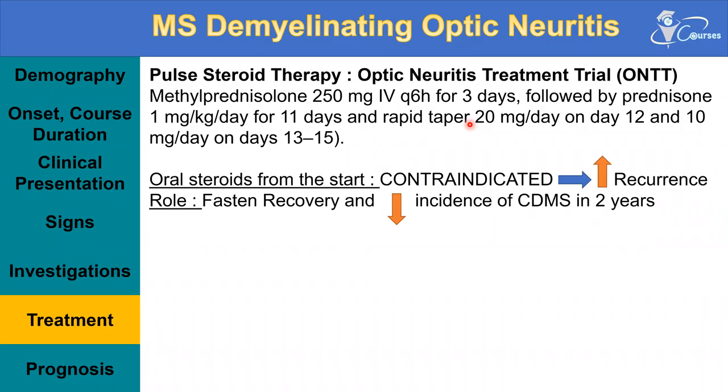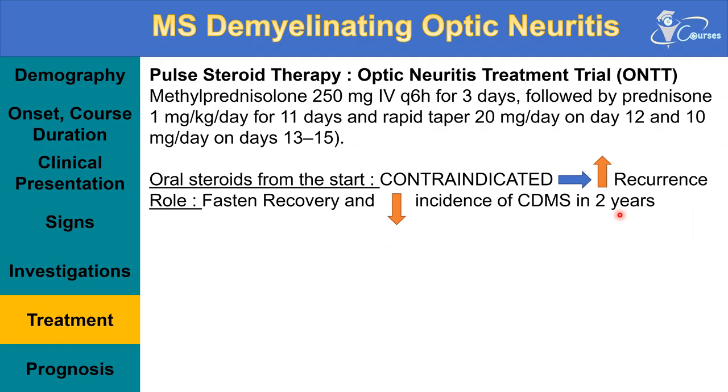But the value of the treatment that they are suggesting of intravenous steroid followed by oral steroids is that it will fasten the recovery, and also it will decrease the incidence of clinically definite multiple sclerosis in the next 2 years. So those patients had less incidence of development of the systemic disease.